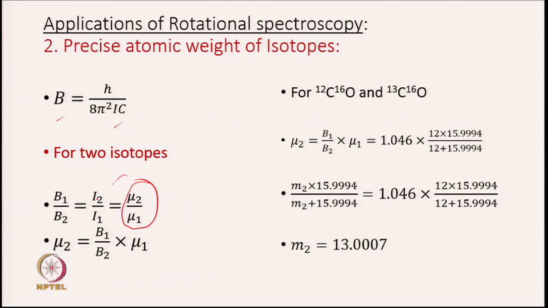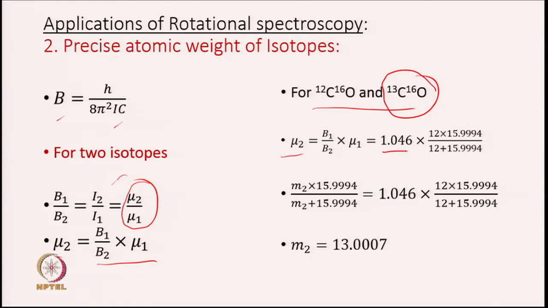B is basically inversely proportional to reduced mass. So, the reduced mass of the second component can be calculated by simply B1 by B2 into mu 1. If I take the example of 12C 16O and 13C 16O, then mu 2, the reduced mass of 13C 16O, will be given by B1 by B2 into mu 1. We already know B1 by B2 is 1.046.